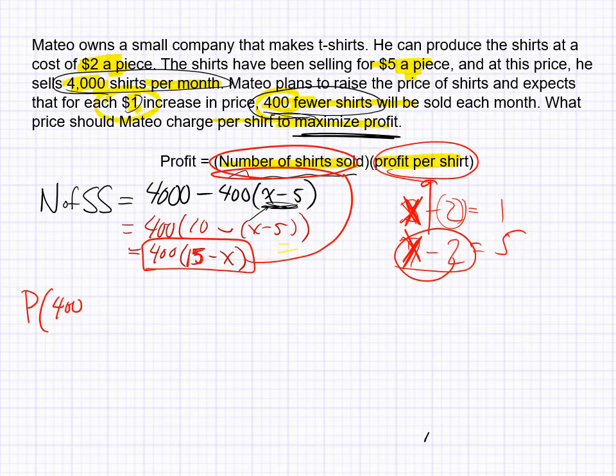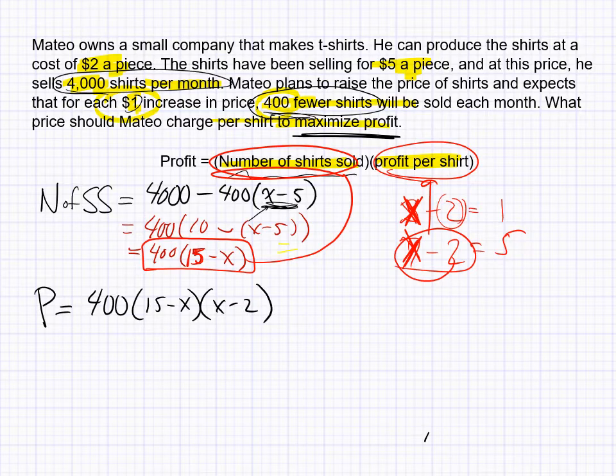So our profit equation is going to be 400. Let me rewrite this better. Our profit equation is going to be 400 times (15 minus x) times (x minus 2). Now, if you notice, we didn't have a secondary equation. But in some ways we did. We just worked the secondary equation into the problem by using this 15 minus x and this x minus 2.